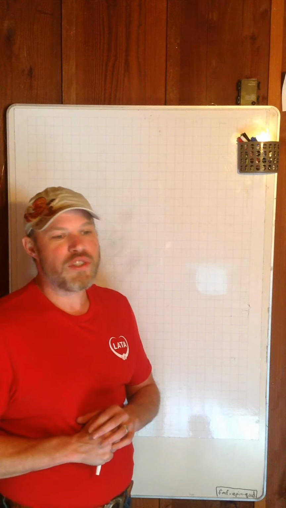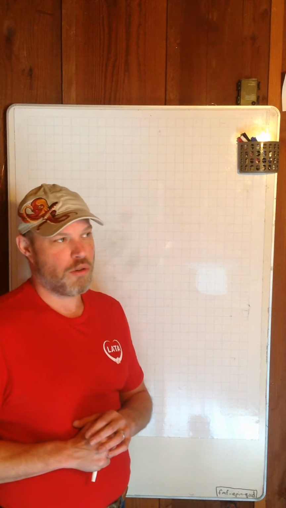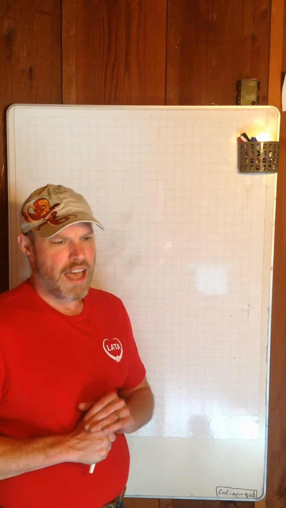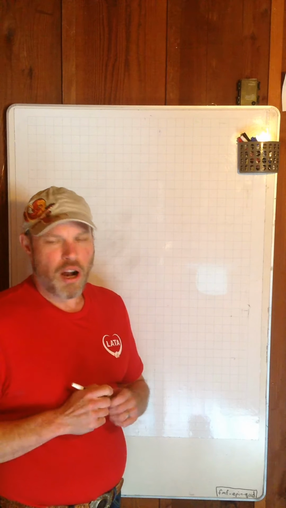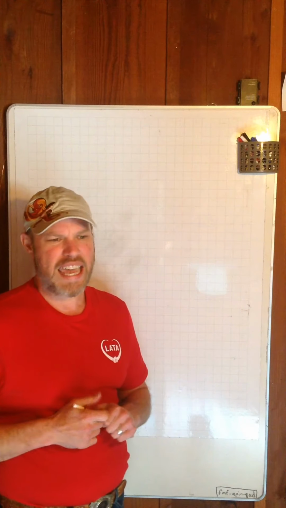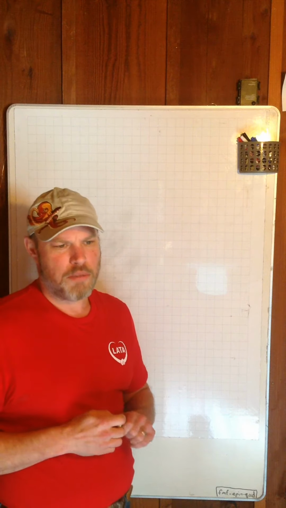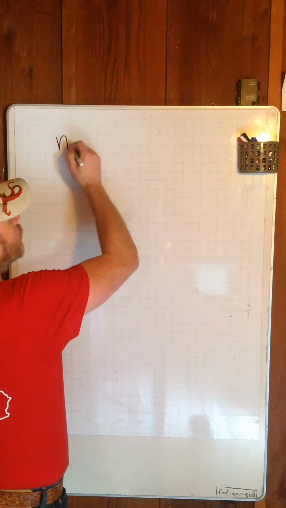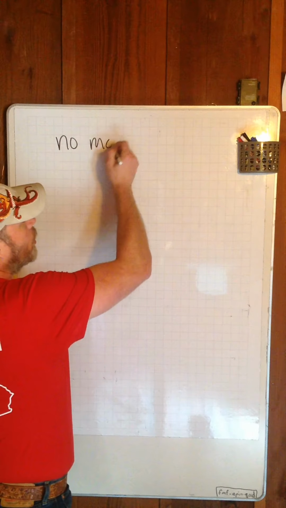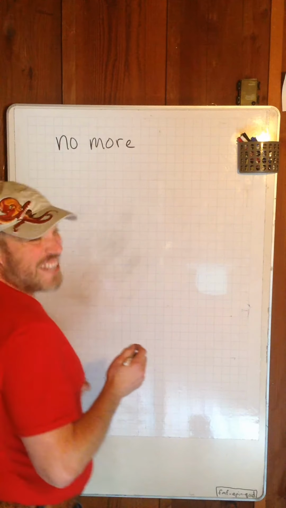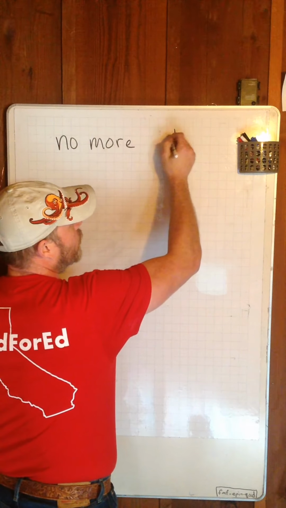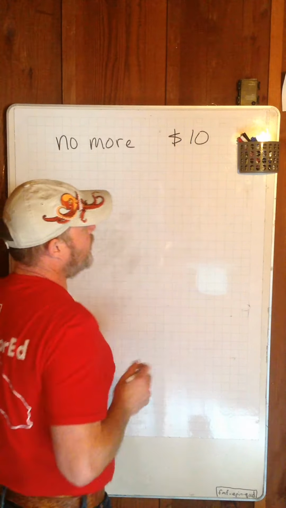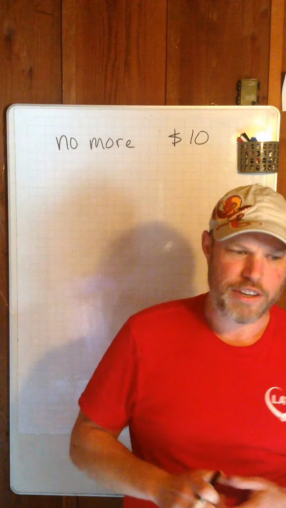So in our first problem in your work for today, activity 1, the problem set up says that Taylon's mom told him he could spend no more than $10. No more than $10 at the arcade.